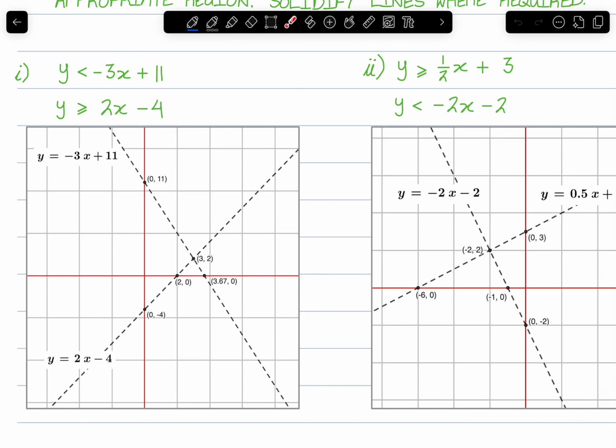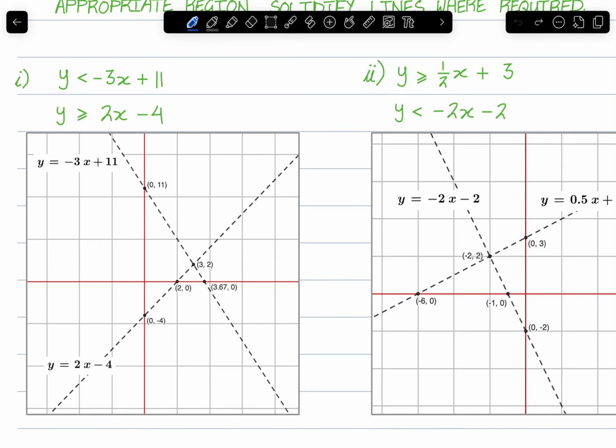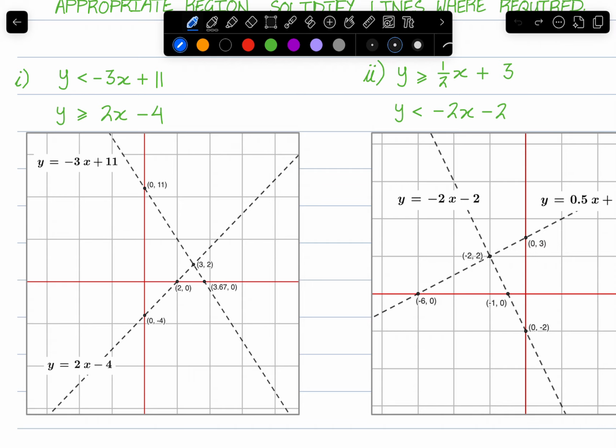Okay, so as we did with the single linear inequality, we do this by testing points. So the common one, if it's possible, I test 0, 0. So I'm substituting 0 into both of these for both x and y. So for the first one, let's do this one in orange. So 0 less than negative 3 times 0, which is 0, plus 11.